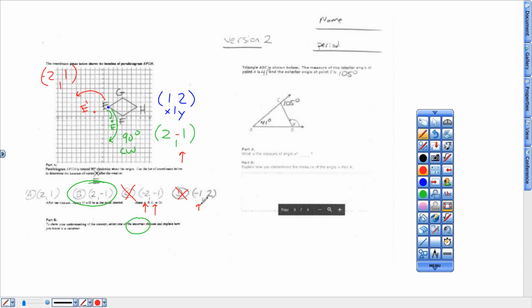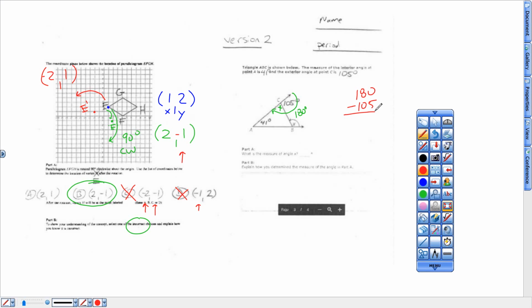All right, this one right here, you had to see that 105 and this unknown angle right here add up to be 180. So if I know that that angle 105 and the one next to it equal 180, all I have to do is take 180, take away that 105, and that will give me what that missing angle has to be.